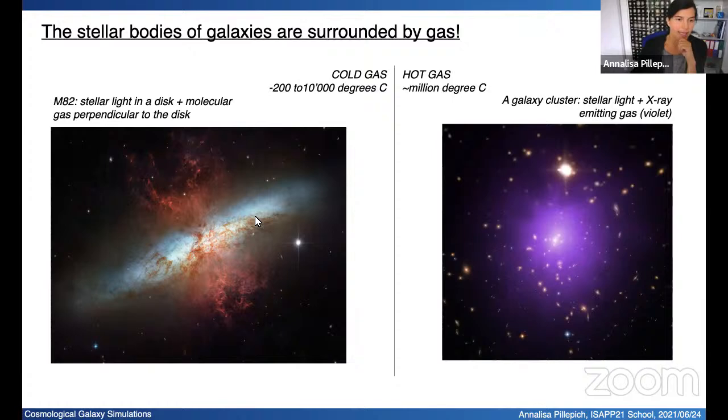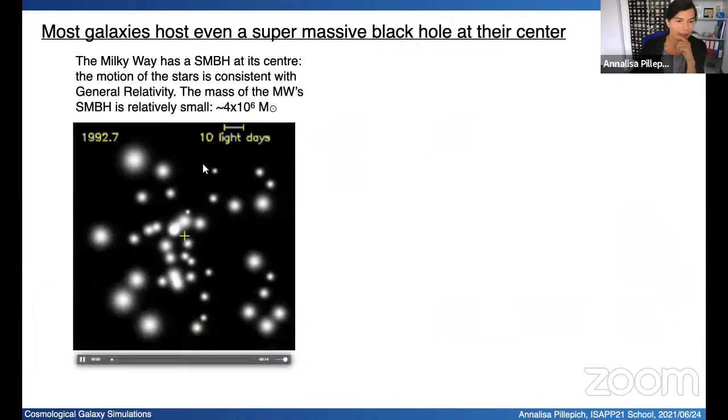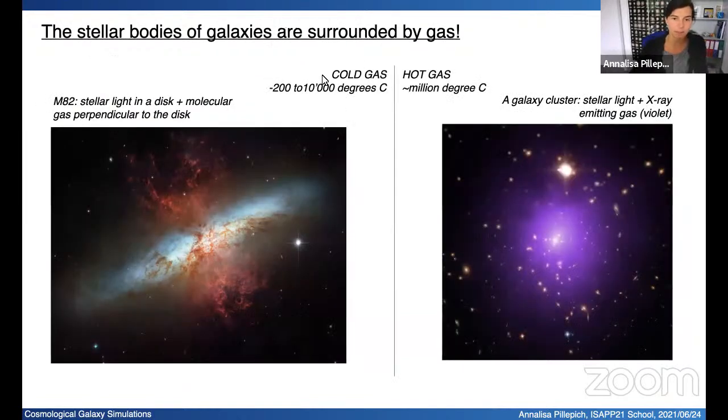In these colors here, in the red, this is actually depicting cold molecular gas that is moving perpendicular away from the galactic disk. So in astronomy, cold gas is gas up to 10,000 degrees, okay? And hot gas is millions of degrees.